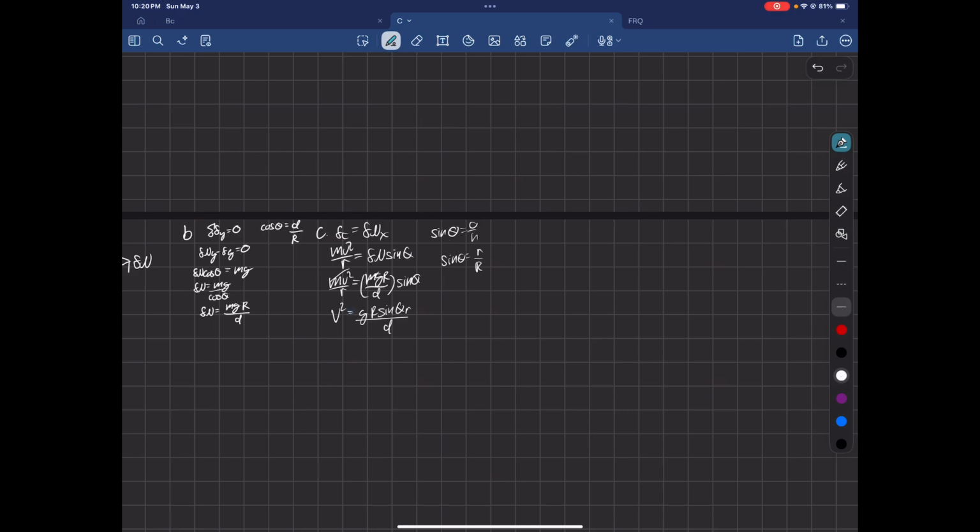So if we multiply, these r's would cancel out, and then this r would become squared. So what we're gonna have is v squared is equal to g r squared over d.